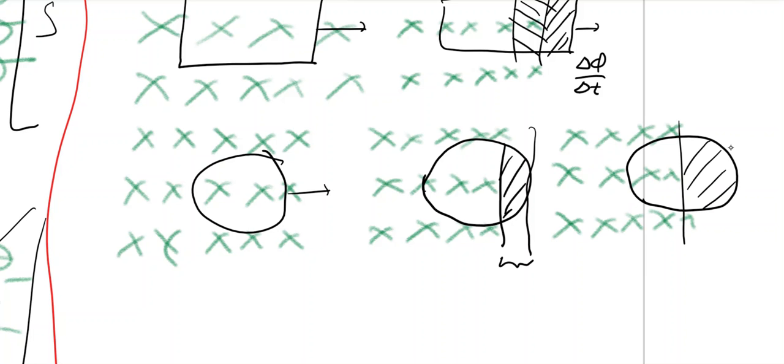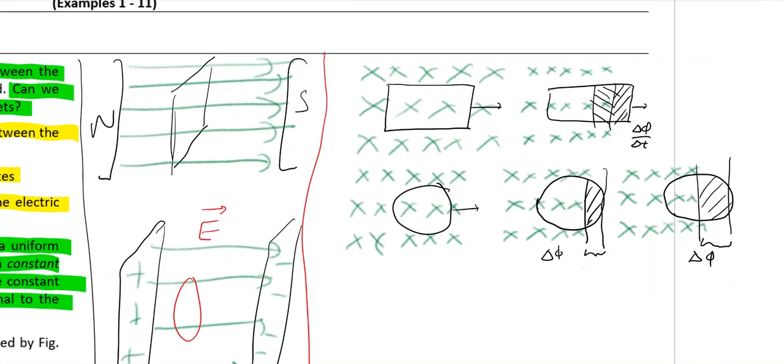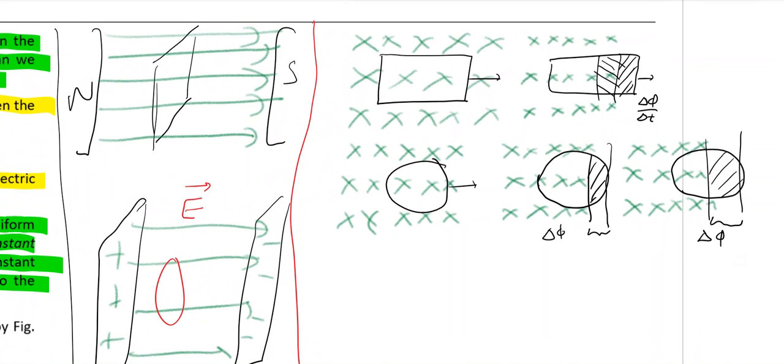But the change in flux in this case and in this case will not be the same, and hence the induced EMF, delta phi by delta t, will also not be the same. So induction will be constant here, and induction will not be constant here.